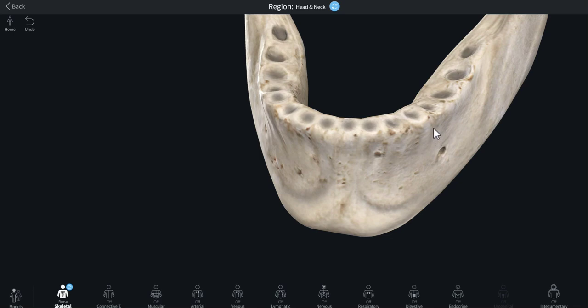Now, since this is the first cranial bone that we are exploring, when we deal with the more complicated ones, we will see that almost all cranial bones have these holes, these foramina. And what's the purpose of these foramina?